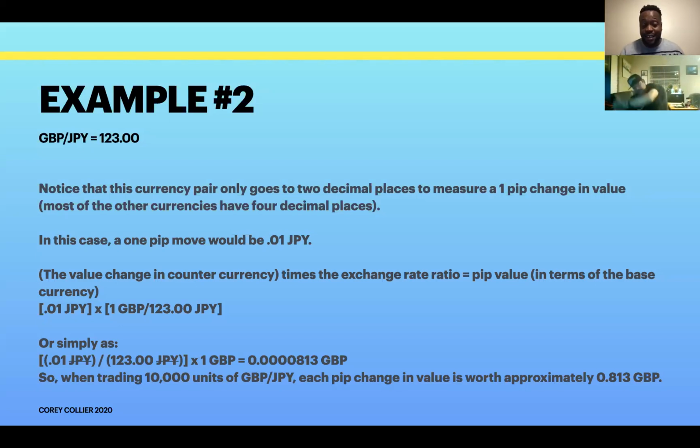You have to take that answer and multiply that by your lot size. Again, we're trading 10,000 units or a mini lot size of 0.10. And so each pip on JPY is going to be approximately 81 cents.